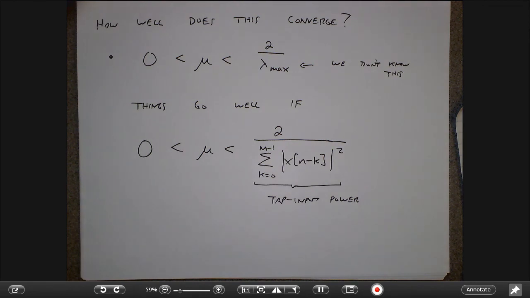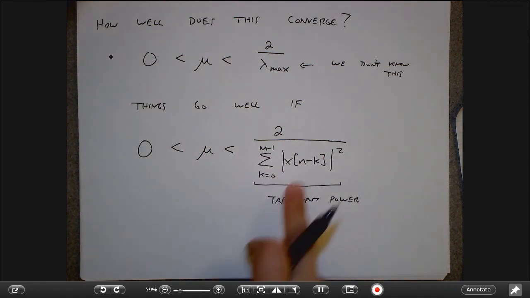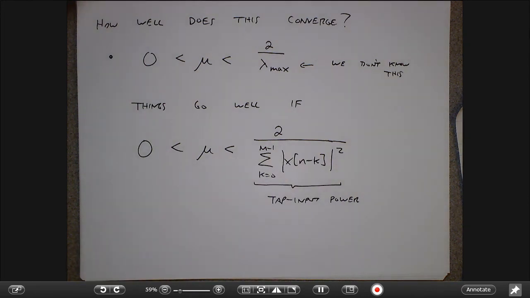So the idea is that here is an equation for the step size that will only depend on the values of the signal that I've seen, right?